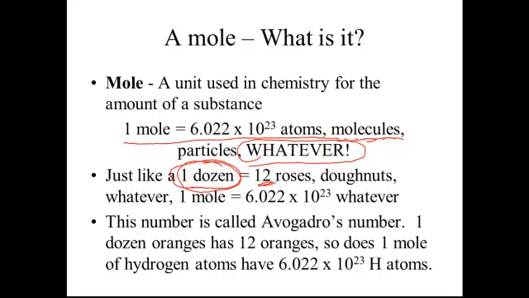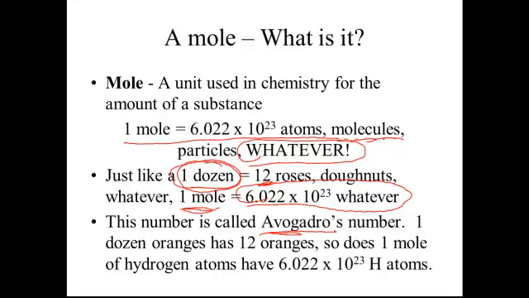And so with a mole, it's the same idea. Instead of saying 6.022 times 10 to the 23rd of whatever we've got, we can just say, oh, that's equal to 1 mole. Now this number, this 6.022 times 10 to the 23rd, is what we call Avogadro's number.